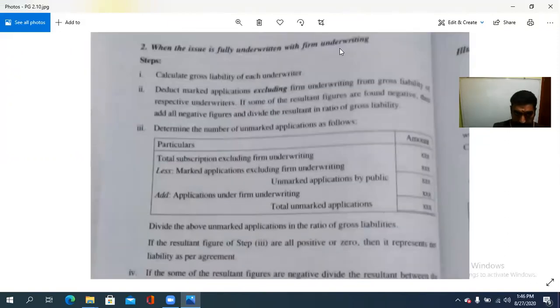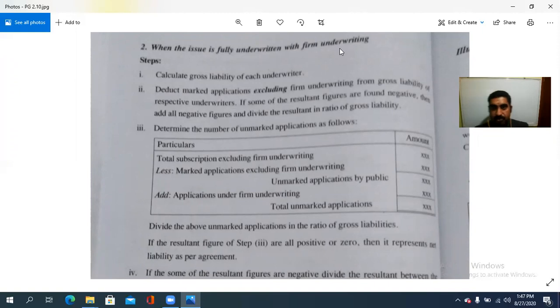So here, the second method, when the issue is fully underwritten with the firm underwriting. Under this, calculate the gross liability of each underwriter, and deduct the marked application excluding firm underwriting from the gross liability of the respective underwriter. That is, as in the previous case, gross liability less marked application, excluding the firm underwriting.